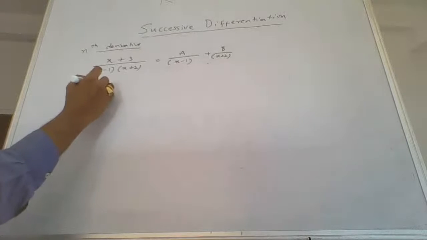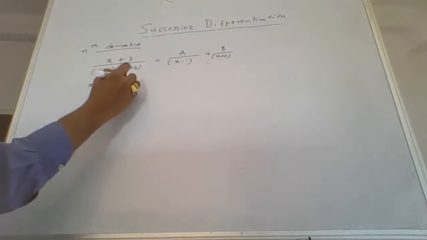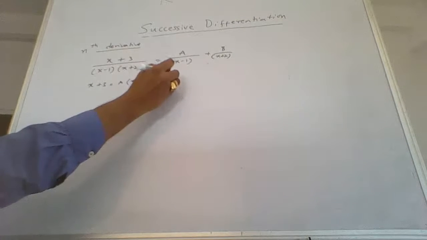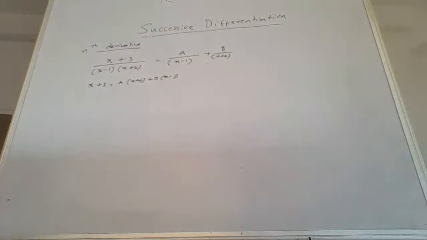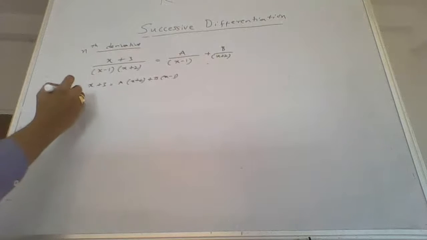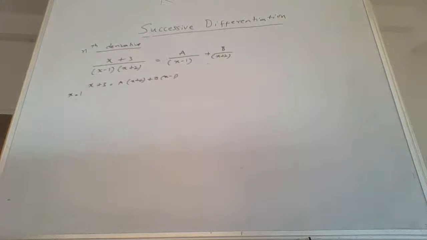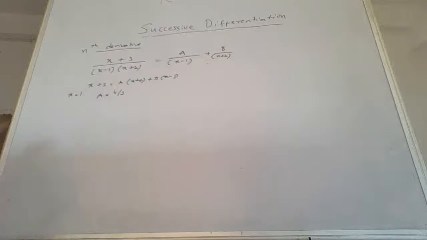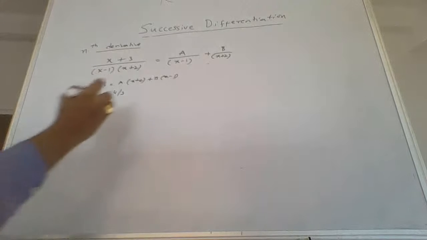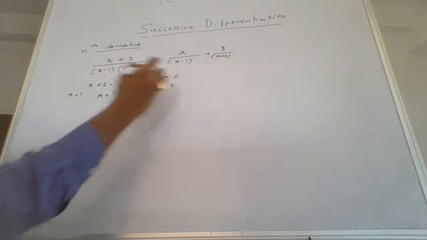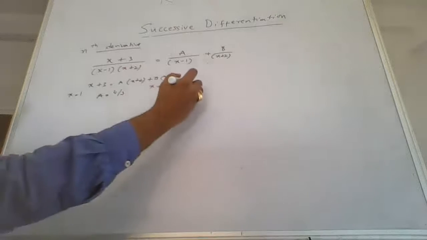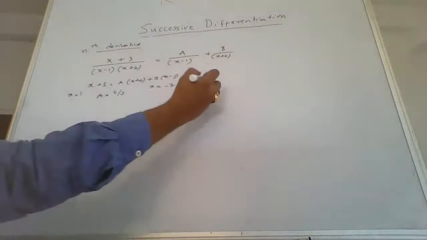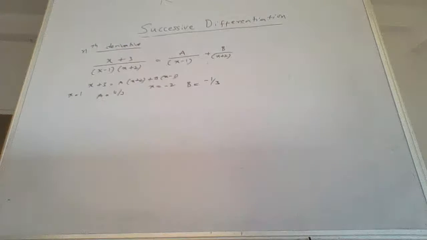If I take x plus 3 as a times (x plus 2) and b times (x minus 1), if you take x equal to 1, I get a as 4 by 3. If I take x as minus 2, I get b as 1 by 3.